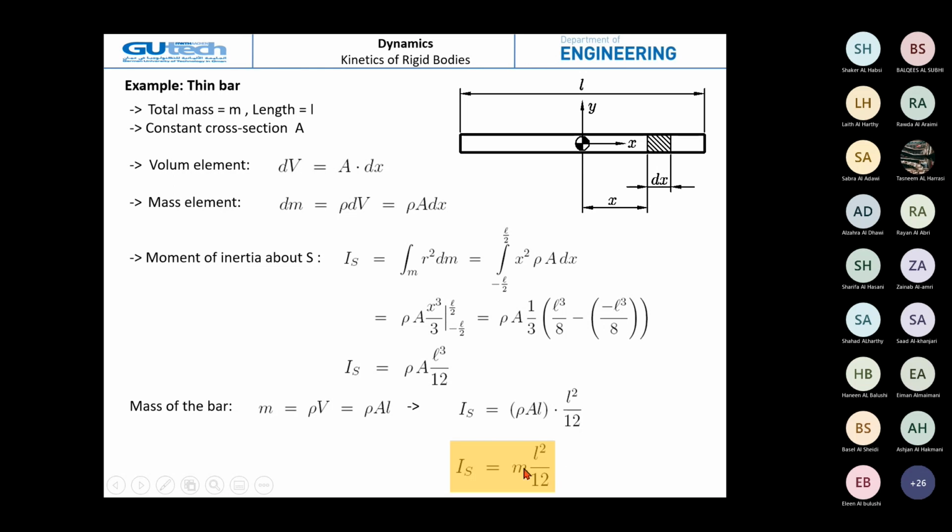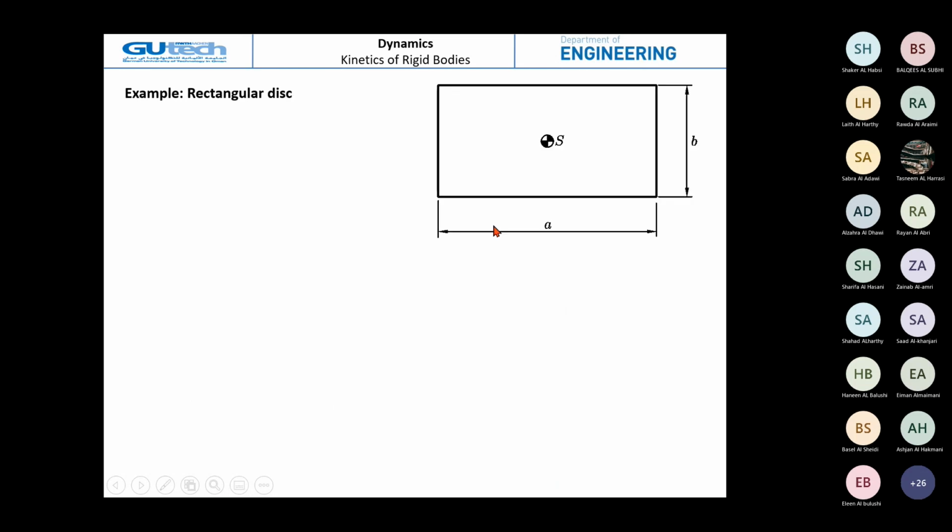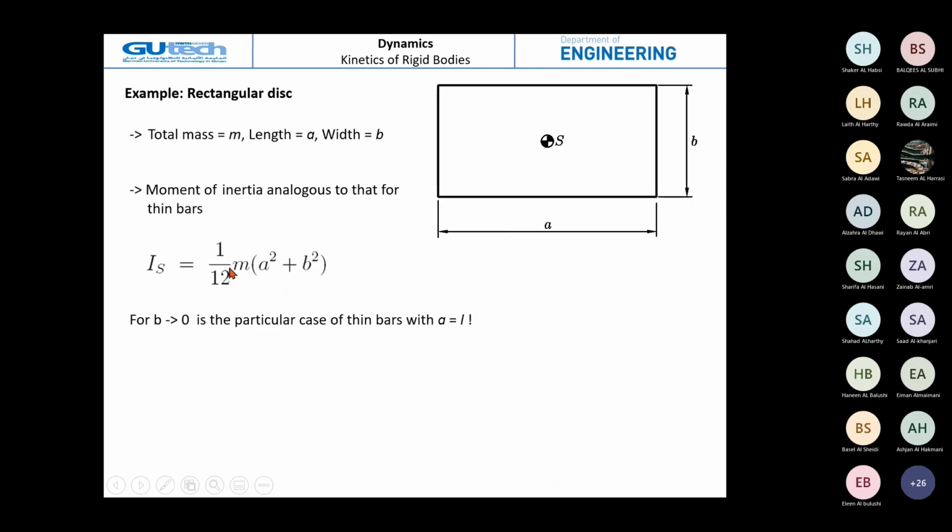In our case, for the rectangular disk or plate, it's the same mass divided by 12. The difference is only this length L. In our case, for this plate, it will be m divided by 12, a squared plus b squared.